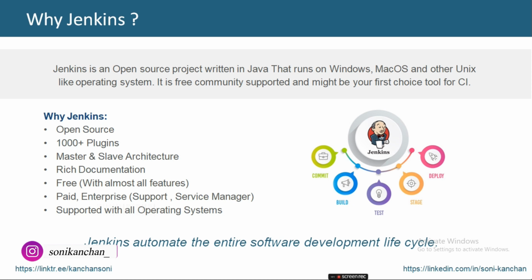It is free, community supported and might be your first choice of tool for CI. So why Jenkins? Because first, it is open source. Hundreds of plugins are available, master slave architecture and rich documentation. These are some of the basic or normal benefits.